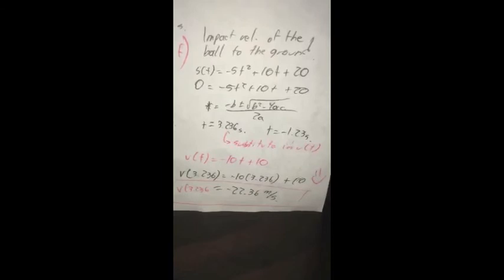After substituting and making all the process, we will get two values. The first one is 3.236 seconds, and the second one is -1.23. As we can't have a negative time, it's impossible, so we will use the first one.